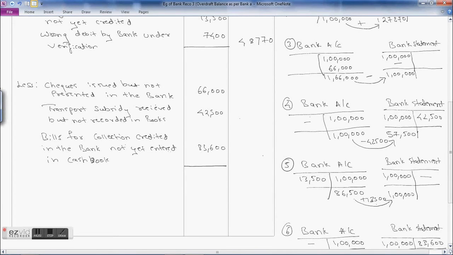So this comes to how much? 0, 6 plus 5, 11, 7, 8, 9, 10, 11, 12, and carry forward. So 19, 190 to 100. Since we have to reduce it, I'll put it in the bracket.